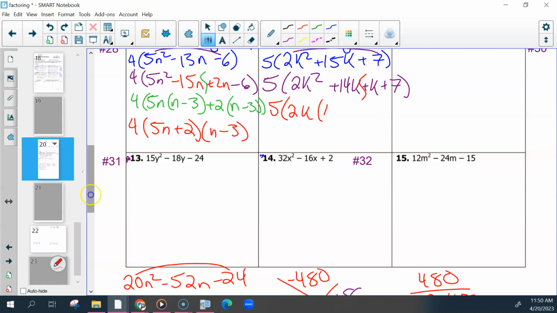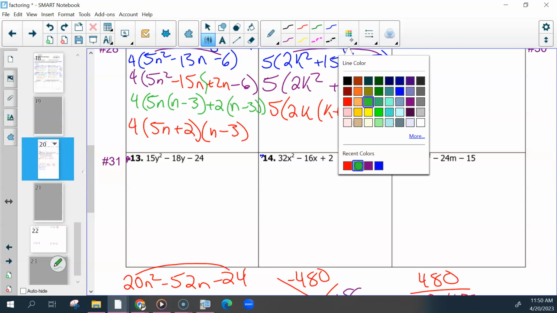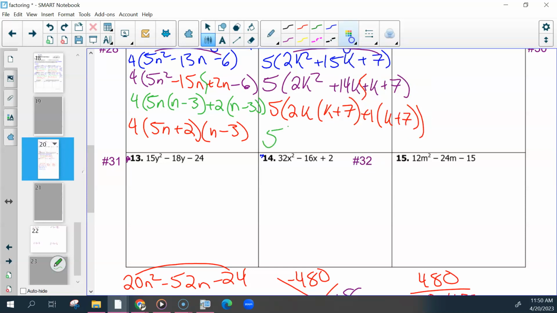Plus 7. What did the second two have in common? There's 1. Then your factors would be 5 on the outside, 2k plus 1, and k plus 7. Do we have any questions on this process with GCF?